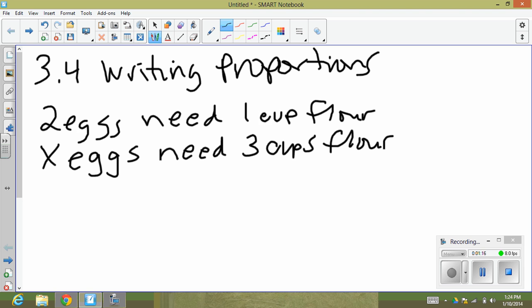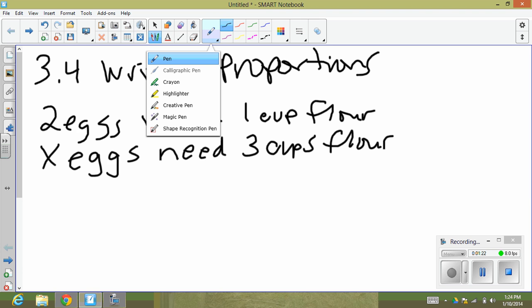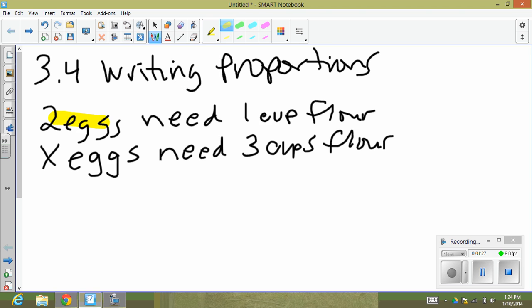So what we're going to do is just pretend that the x is a number. And if you recall from lesson 3.3, we just took each of the scenarios and wrote it as a ratio. Again, a ratio is a fancy word for fraction.